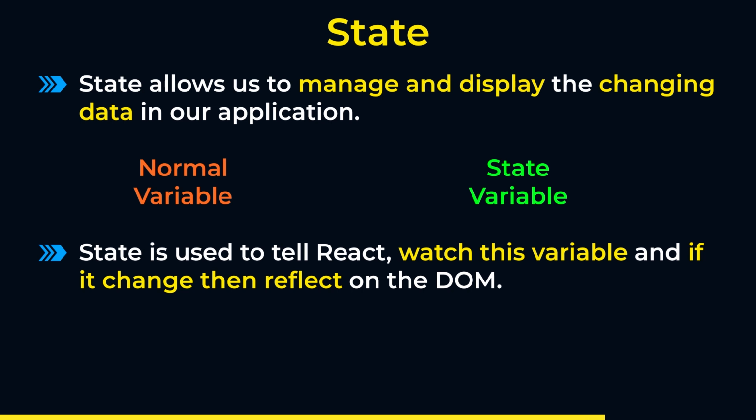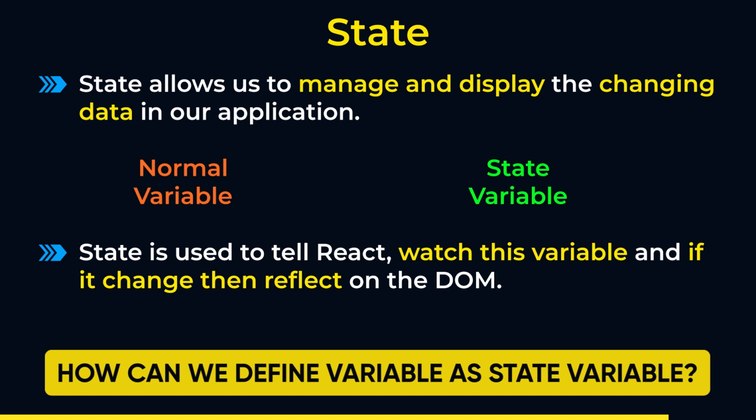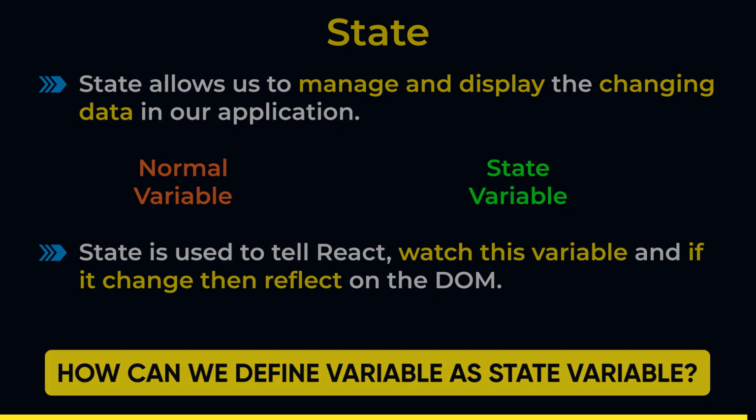But don't worry, all your doubts will clear when you see this practically. Now you might ask, how can we define a variable as a state? To define a variable as a state in a functional component, we have to use one hook. But before using a hook, let's understand what a hook is.